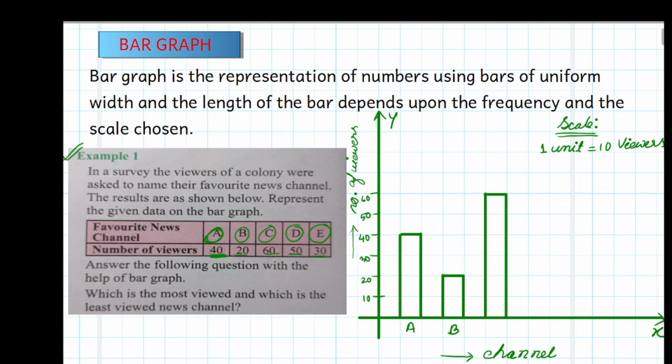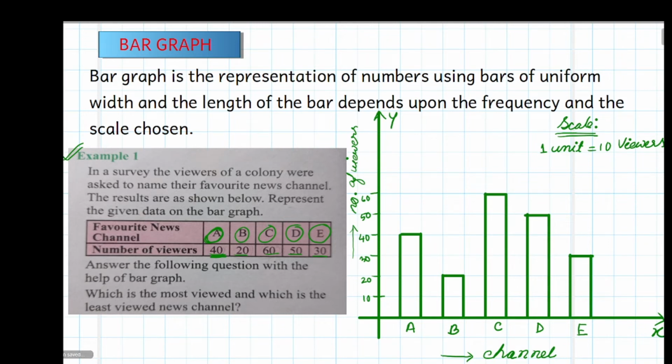Okay, this is channel C. For D, it's 50. And the last one is E, it's 30. So this is called the bar graph.